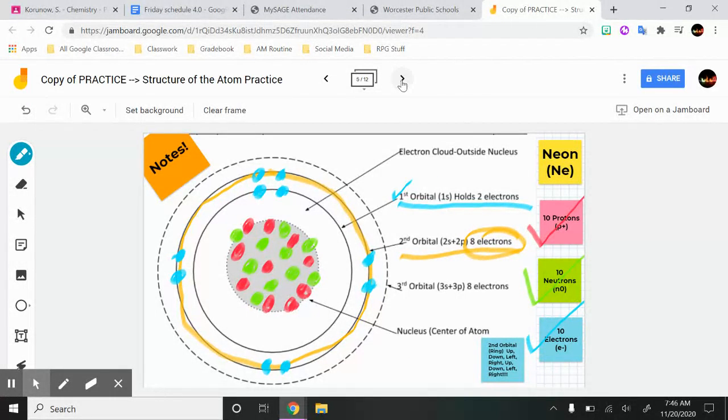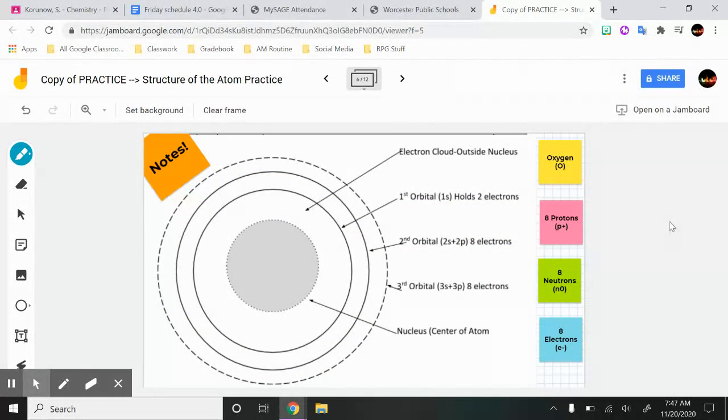Let me go over another example from class just to show you again. Okay, so let's take a look at oxygen, which we did do in class. So oxygen has 8 protons, 1, 2, 3, 4, 5, 6, 7, 8.